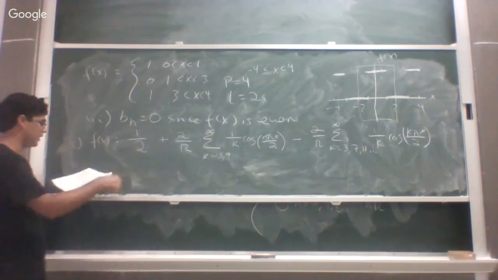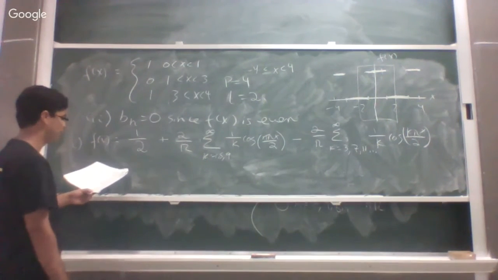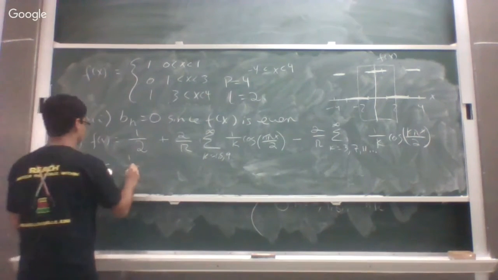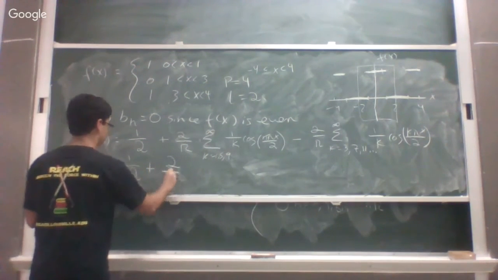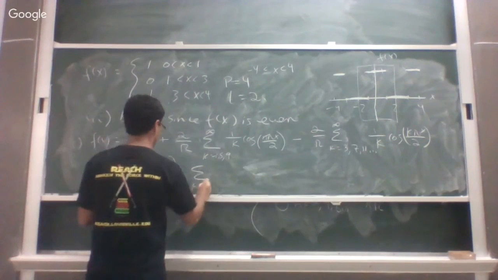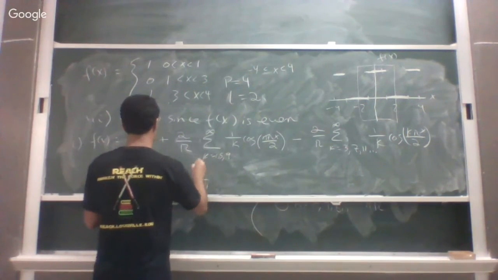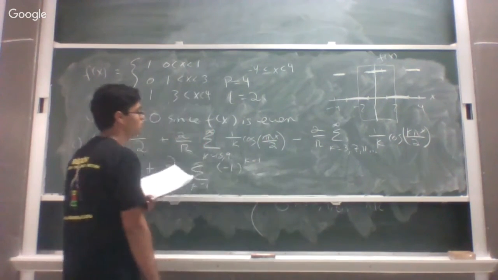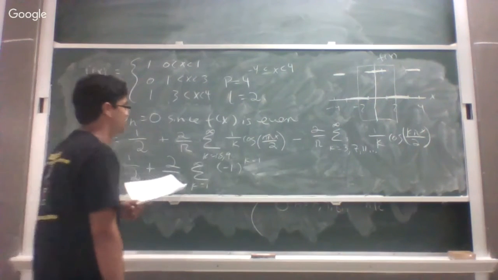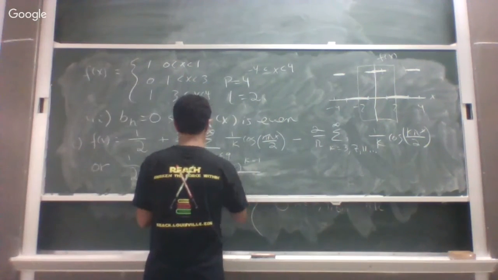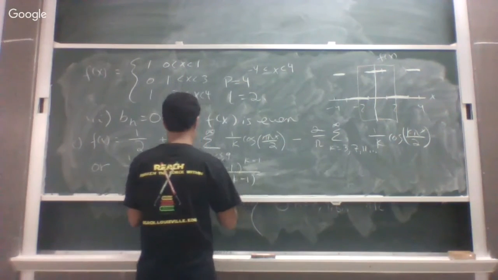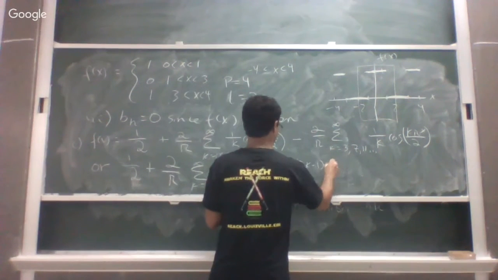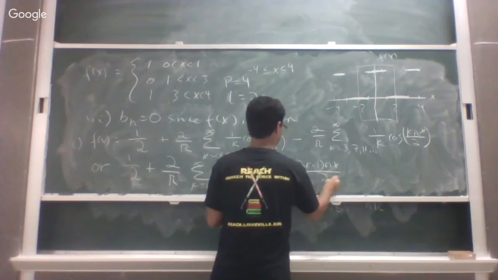You can combine them all if you make it 2k minus 1. But you don't need to, but I will put the answer here anyway. 1/2 plus 2 over pi going from k equal to 1 going to infinity of -1 to the k minus 1, if you do all the math, divided by 2k minus 1, of cosine of 2k minus 1 pi x over 2.